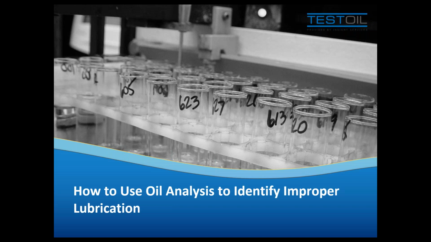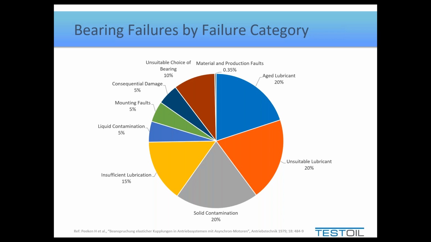So today's presentation about using oil analysis as a tool to identify improper lubrication mostly came out of a common graph many of you have probably seen if you've attended similar presentations or webinars. It looks like this, and it just summarizes bearing failures by type.